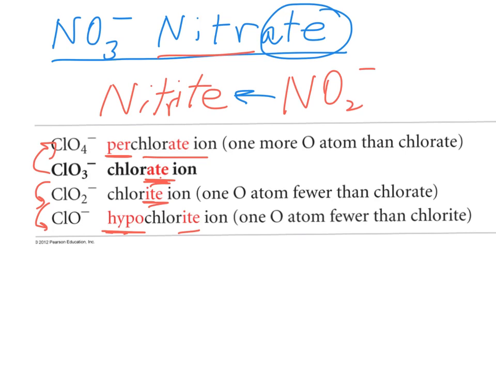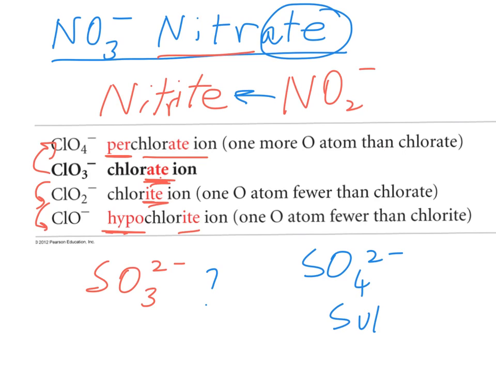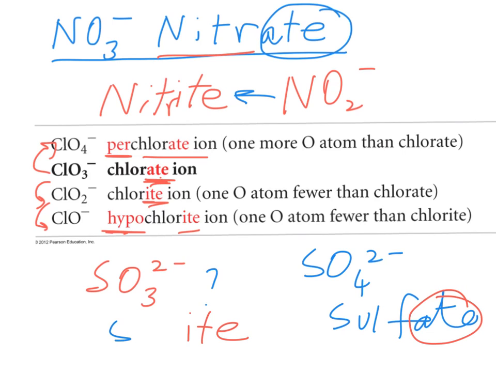So NO2 - is nitrite. Likewise, if you have SO3 2-, how do you name that? We know SO4 2- is sulfate. I've got 4 oxygens here and 3 here, and so the rule is very simple. If you have one less oxygen, the ate becomes ite. So this is sulfite.